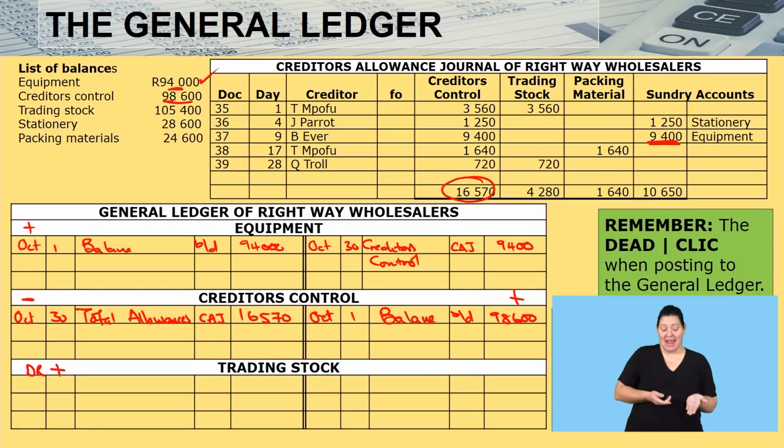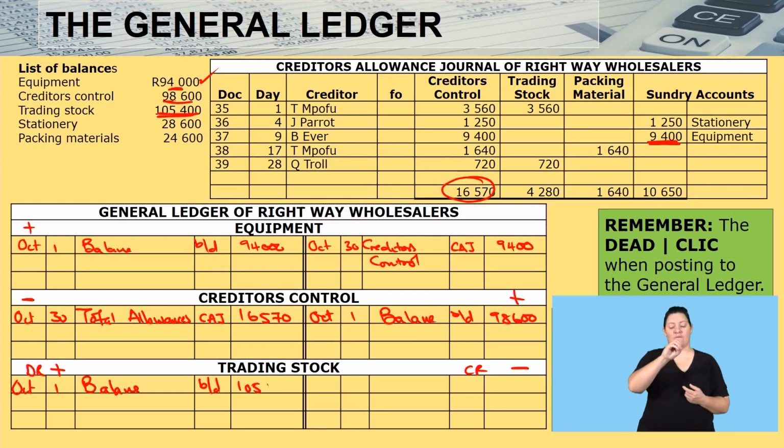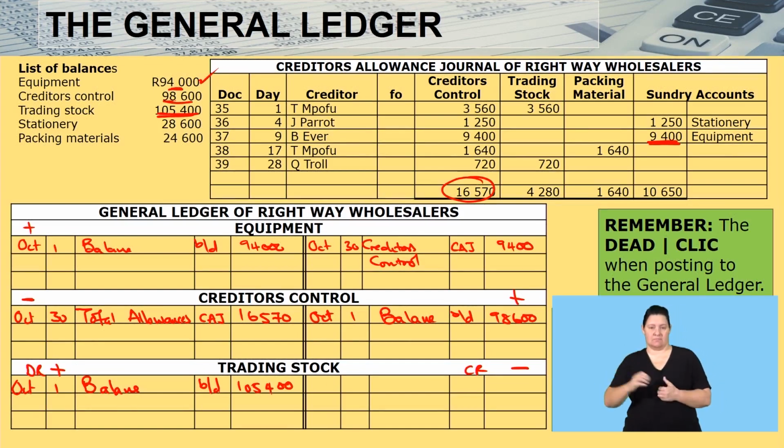The next account to consider is trading stock, which I know you understand that this is an asset. So it increases on the debit side, decreases on the credit side. Do I have a total? Yes, I have a balance here, 105,400. So I'm coming here, October the 1st. My balance brought down is 105,400. Were there any allowances on trading stock? There is the amount, 4,280.